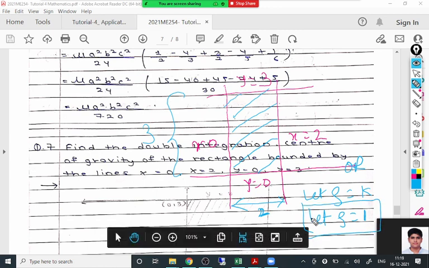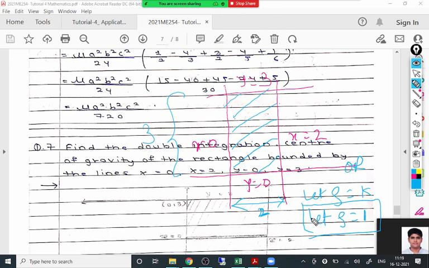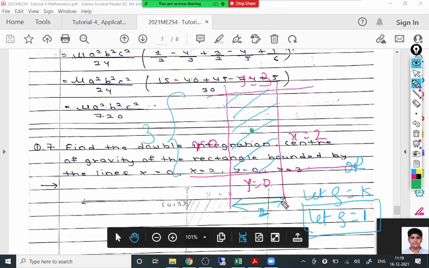So if constant density is there and a standard region is there, what should be its answer? Anyone? What should be the center of this rectangle? The coordinates of the center are very straightforward, no? Somewhere here we get a center, and this length is 2, so it should be 1.